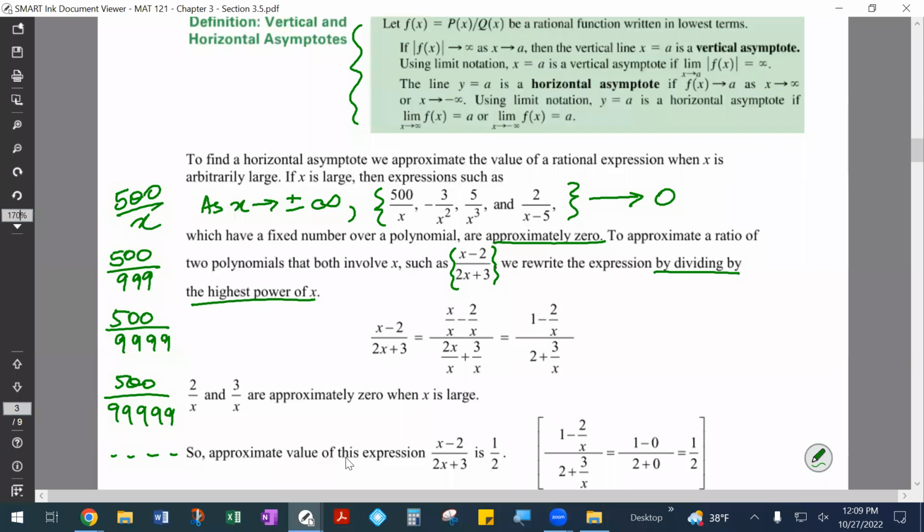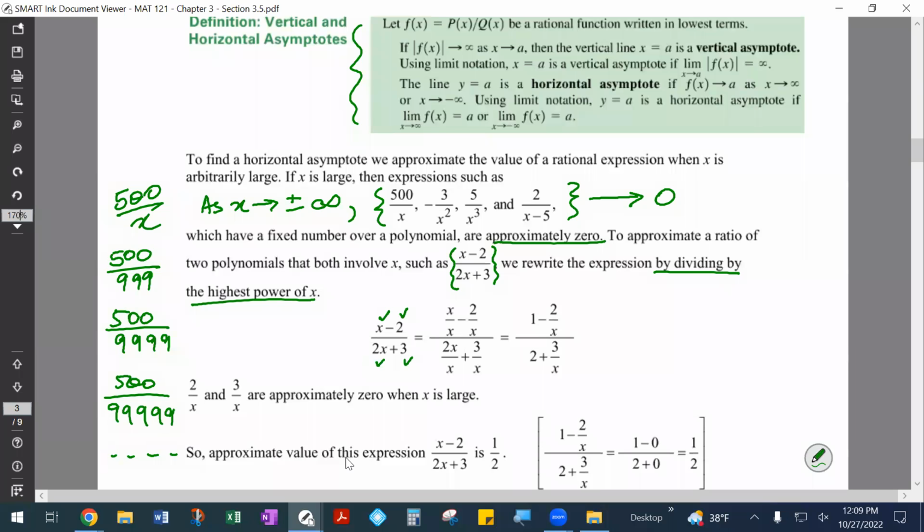Yeah, that's exactly right. So you're just going to keep seeing those extra zeros show up after your decimal place. And that's how we know that expressions like 500 over x are always going to get closer to 0. But then when we put x on both the numerator and denominator, it changes a little bit. So you will see we're taking each term in our expression and dividing it by the highest power of x.